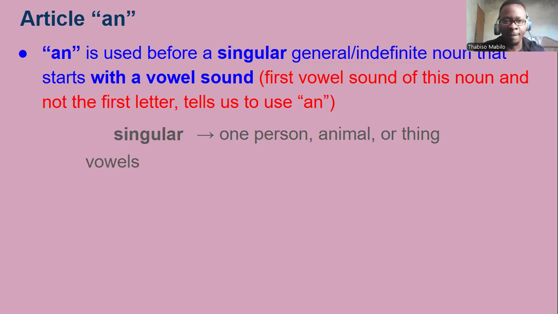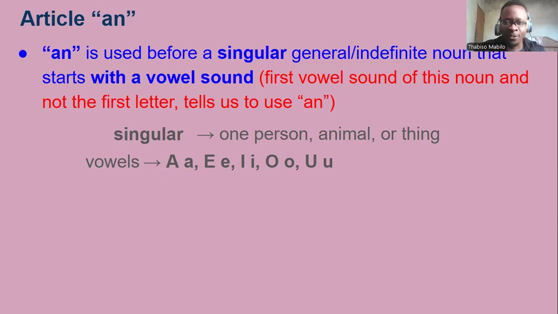Now, what is a vowel? As you know, vowels are A, E, I, O, U. The sounds of these vowels are as follows: A, E, I, O, U. These are the sounds of the vowels.